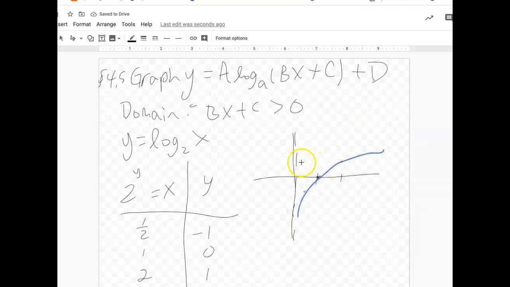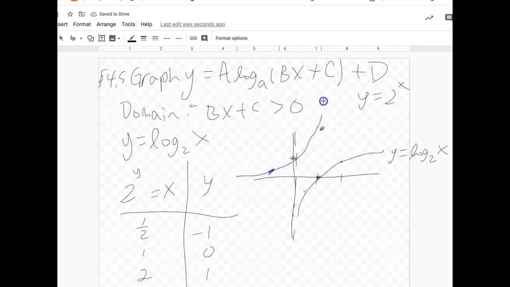And just in terms of the exponentials, right? If this is y equals log base 2 of x, its inverse function would be y equals 2 to the x. So when you plug in 0, you're going to get 1. When you plug in 1, you're going to get 2. And when you plug in -1, you'll get 1/2.